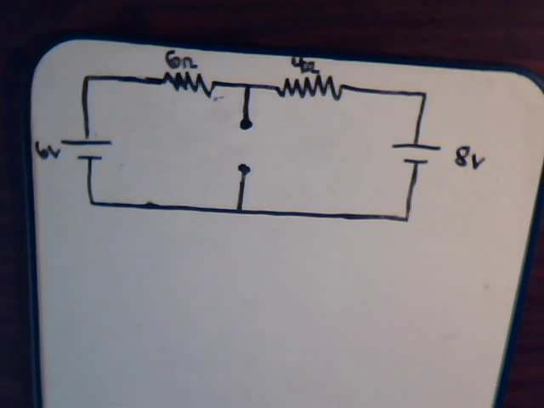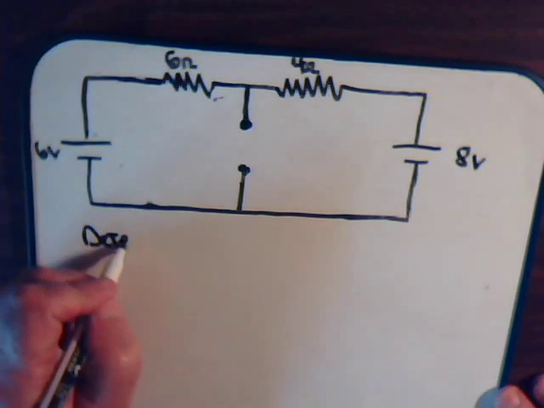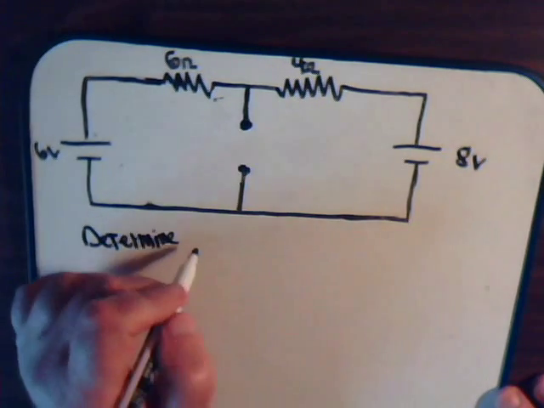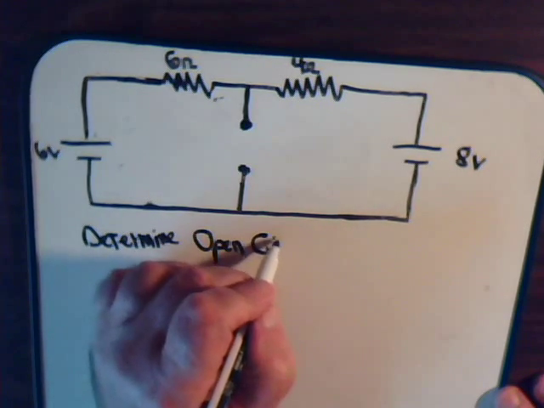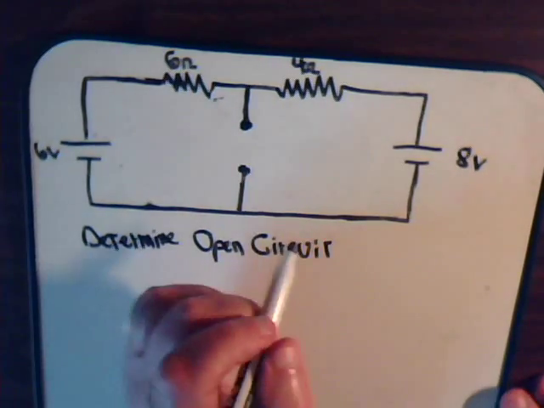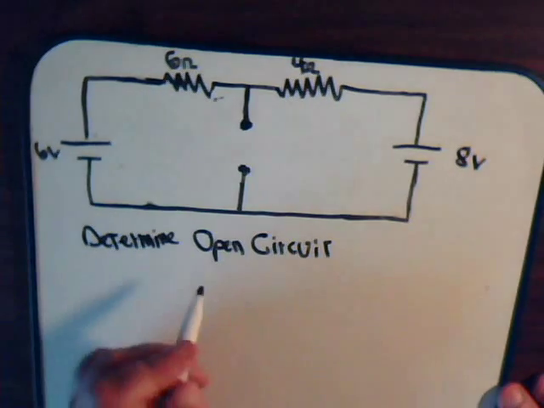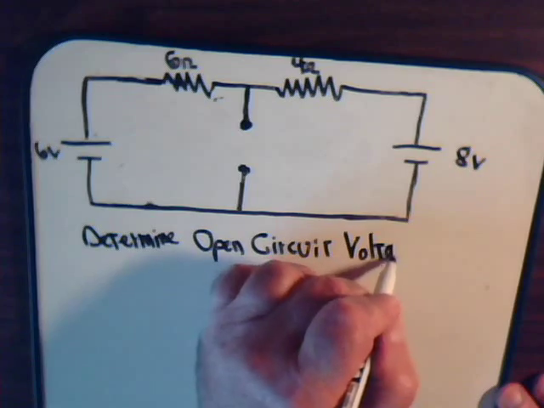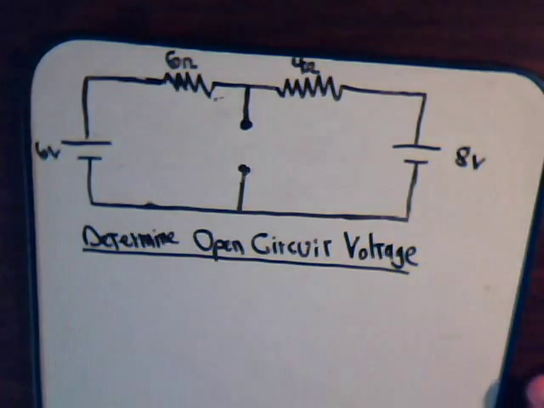So the first step is to determine the open circuit voltage. Our resistor of interest we just temporarily removed from the circuit, so it's the open circuit voltage. And we have to figure out what that is.